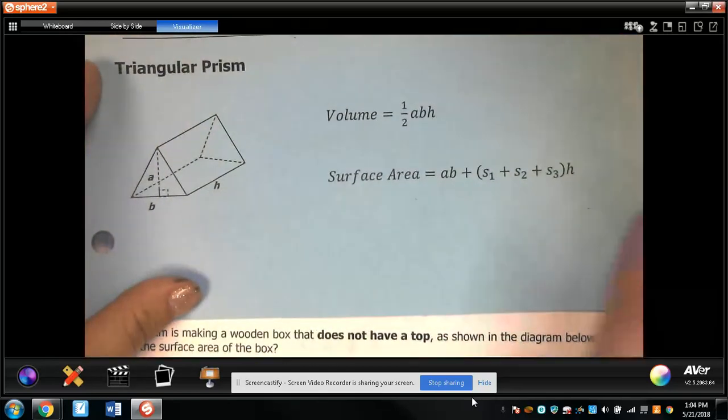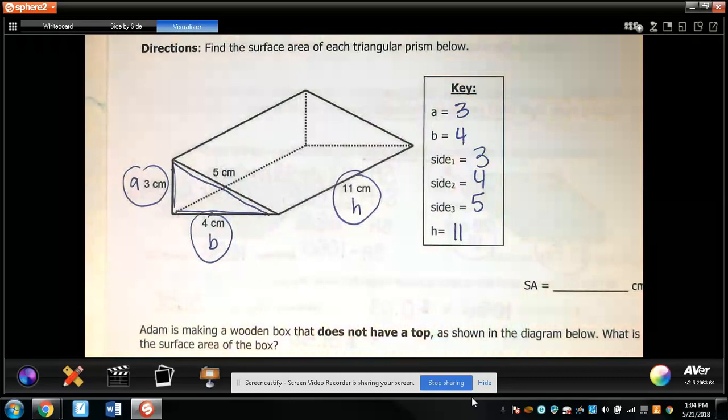Now to find the surface area, I'm going to find my triangular prism, and I'm going to write down the surface area formula.